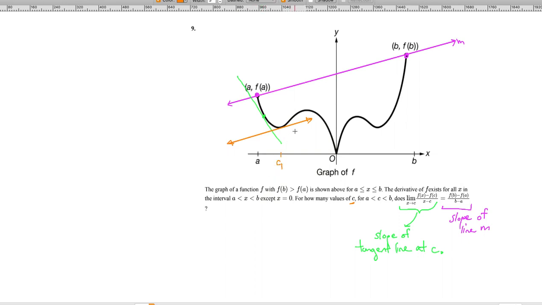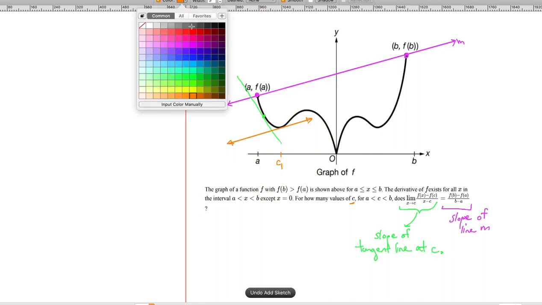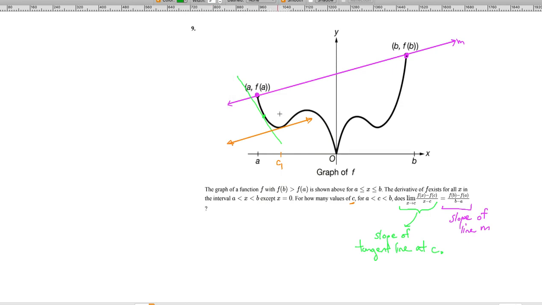Now, if I go along this curve again, you're going to see that this curve here is too high. If I pick a point here, that curve is too high. But then if I go to right here, this curve is too low. So again, there must exist some point between these two.